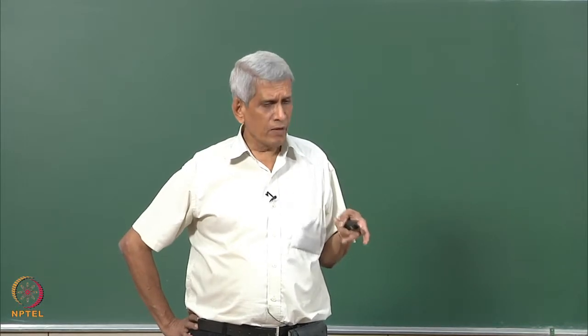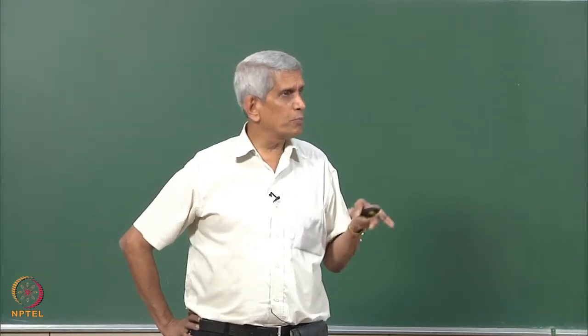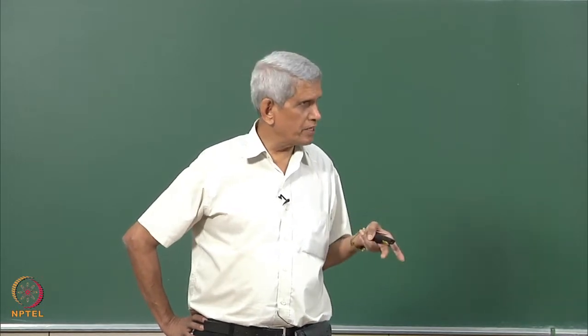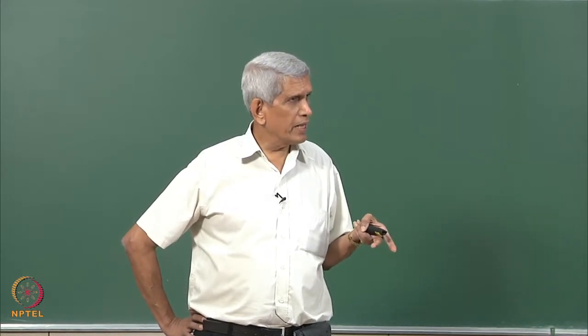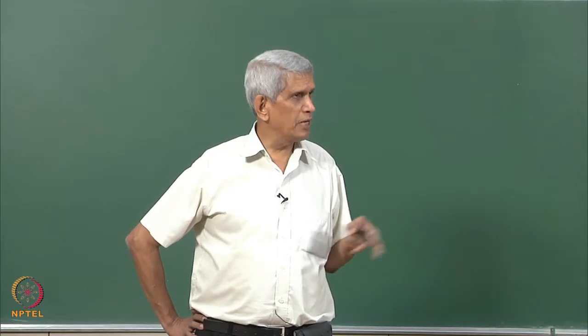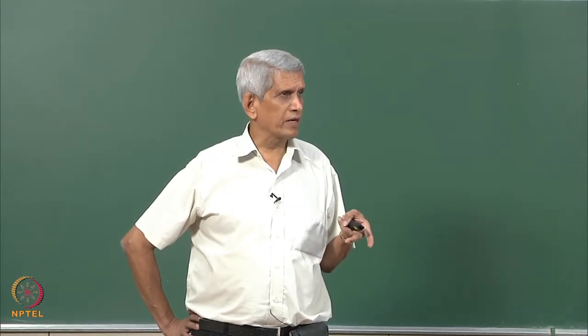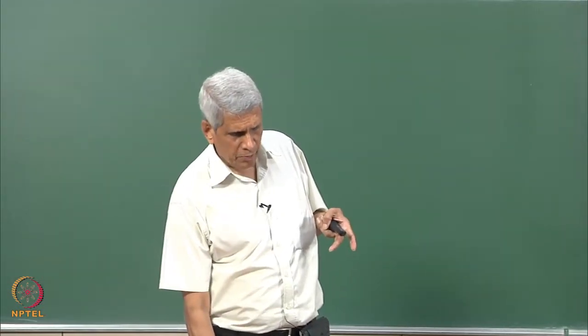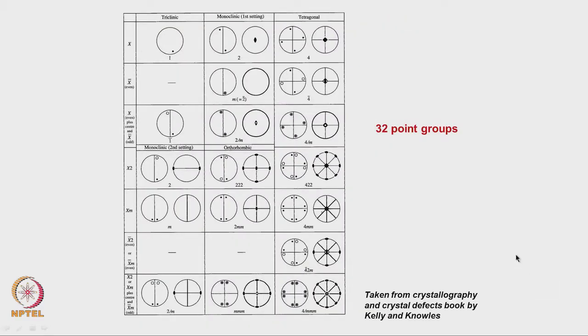Similarly, here we have considered only pure rotation. The combination could be of pure rotation and a roto inversion also. Similarly, we can have combinations. That also can be considered, that will give rise to some symmetry elements.